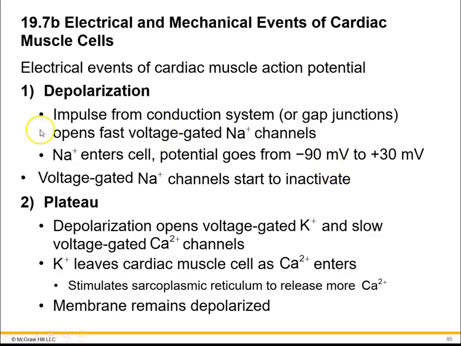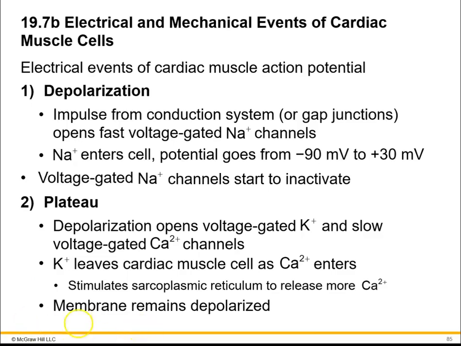Now, cardiac cells are unique in that after depolarization, they're going to enter a phase called plateau. And what happens here is that voltage-gated potassium and slow voltage-gated calcium channels open. And this allows potassium to leave the cardiac muscle cell at the same time that calcium is entering. So the resting membrane potential is going to slowly, very slowly, become a little bit more negative.